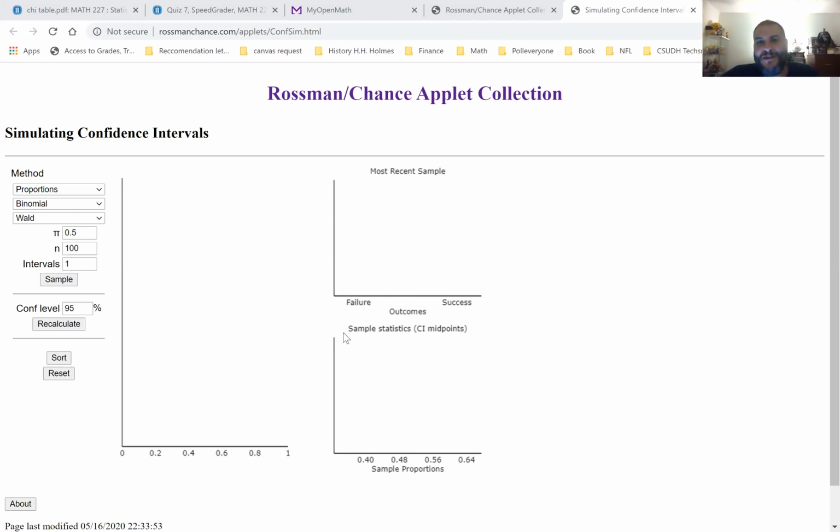Cool. So we could do an experiment on flipping this coin. How many times do you think we should flip this coin? So you want to flip the coin 100 times? Here, let's flip it 10 times.